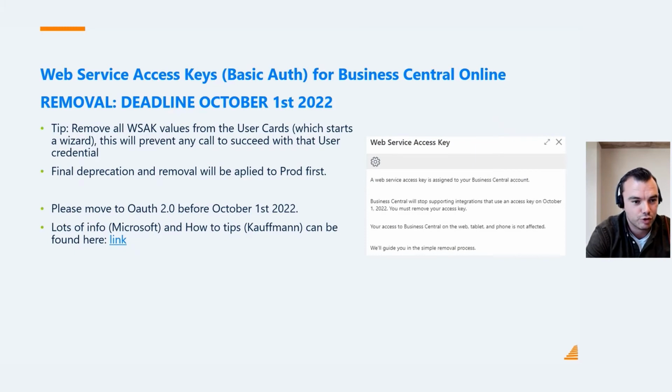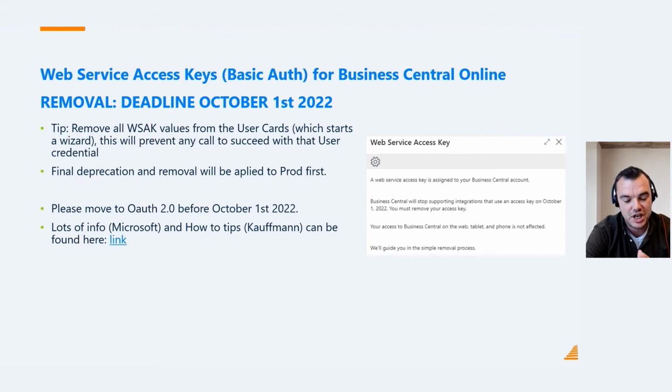So a tip from our side is to remove all the Web Service Access Key information on all the user cards. Because if you remove those keys from the user cards, you don't have any keys anymore in your tenant, and then you will get no notification anymore, and it will prevent any call to succeed with that user credential.